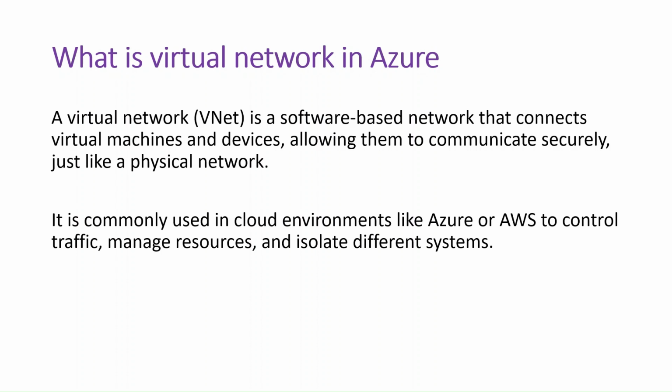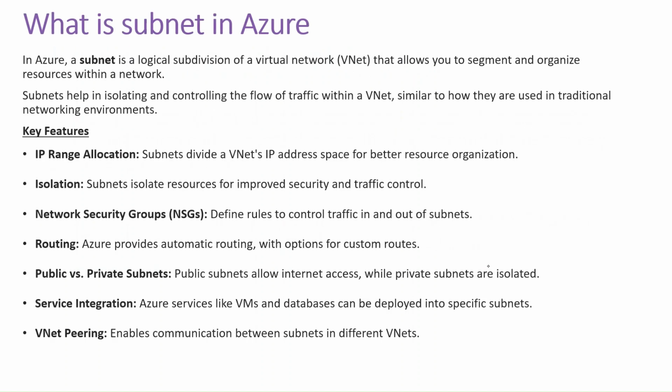It's a software-based network that helps to connect virtual machines and devices, like how we are effectively using the same setup in the physical network. So this is called a virtual network, and it is commonly used in cloud environments like Azure or AWS to control the traffic, manage the resources and isolate the different systems.